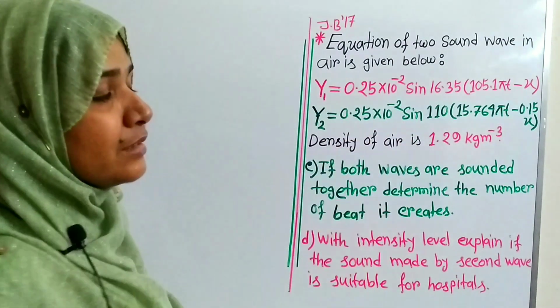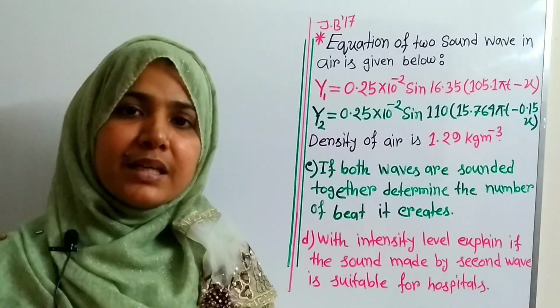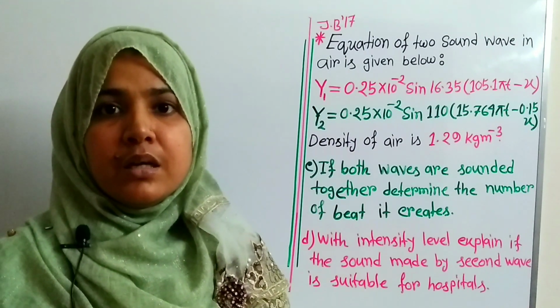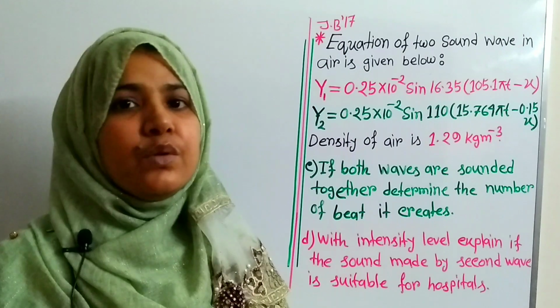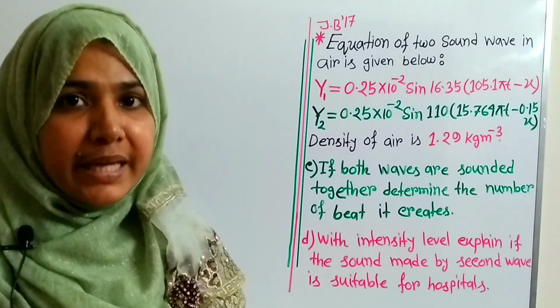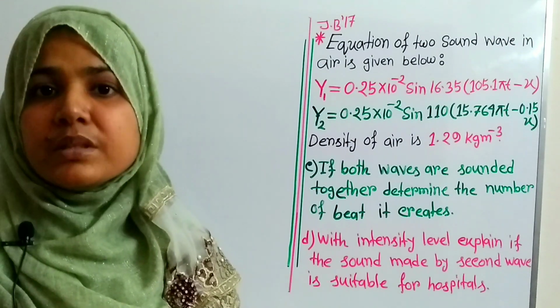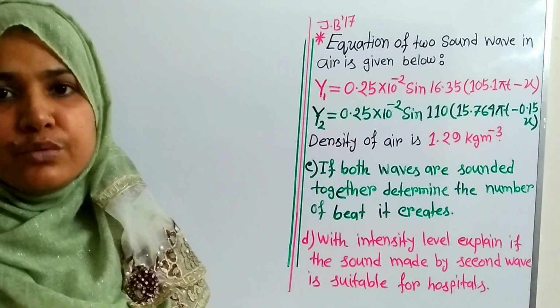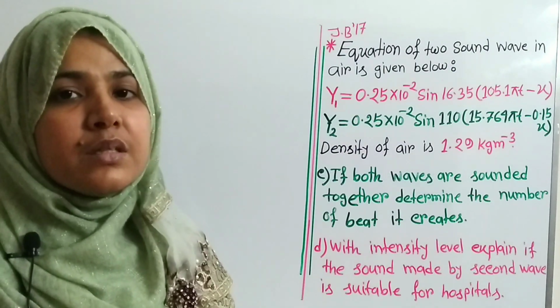So if these two sound waves are sounded together, then there is a possibility of creating beat. So we need to calculate the value of n. To calculate the value of n, we have to know the frequency of these two sound waves. Start to calculate question C.